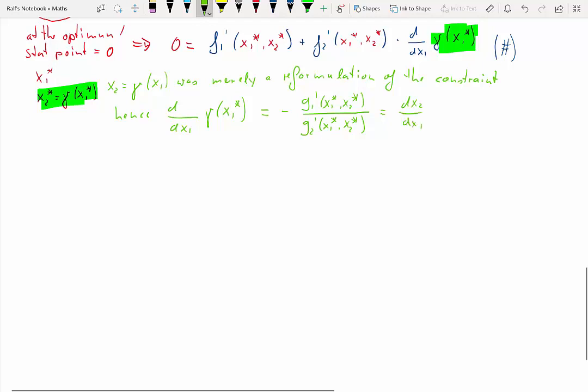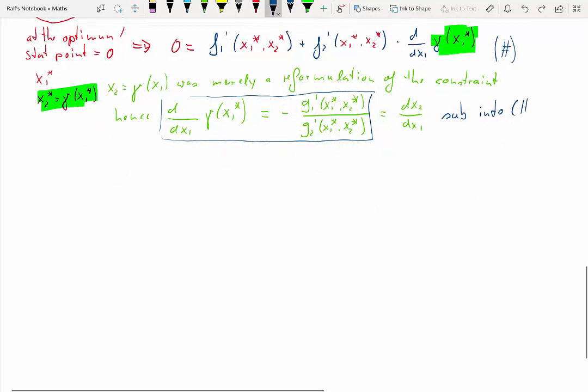And we calculated that before. That is the ratio of the two first order partial derivatives, expressed in units of change of x2 over units of change of x1. So let's sub this into our hash equation. We replace d gamma x1 asterisk over dx1 with our slope of the constraint at the constraint maximum.